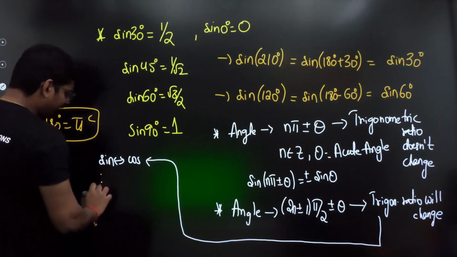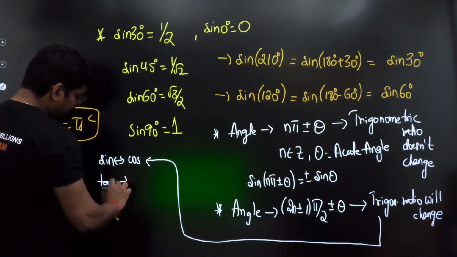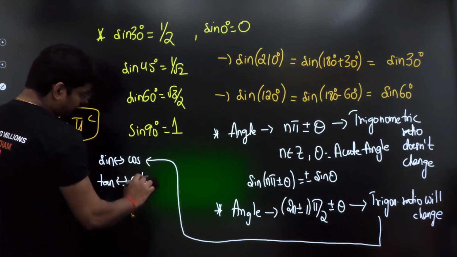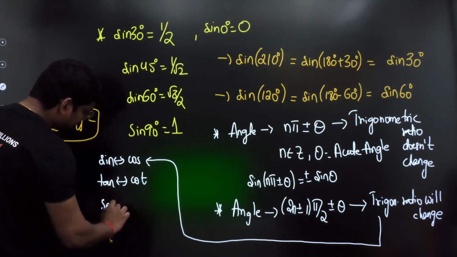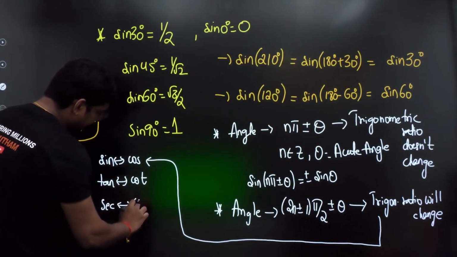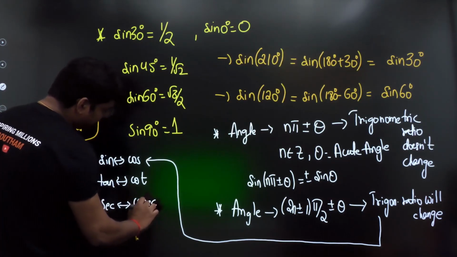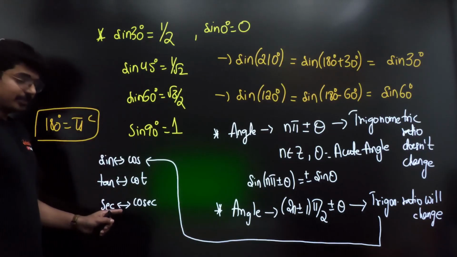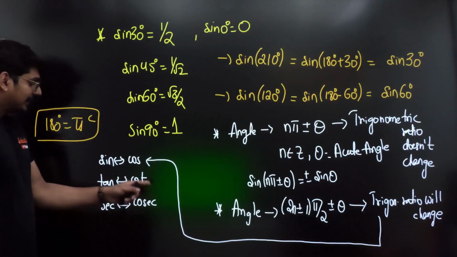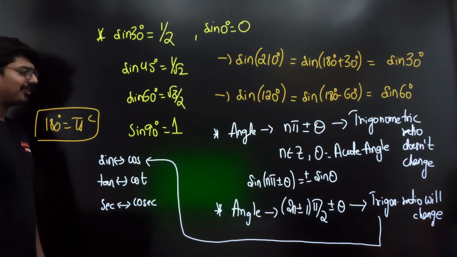Let us say you have tan, tan is going to change to cot, or cot is going to change to tan. Similarly, secant is going to change to cosecant, or cosecant is going to change to secant. So this is what you are going to remember. This is how you have to change the trigonometric ratio.